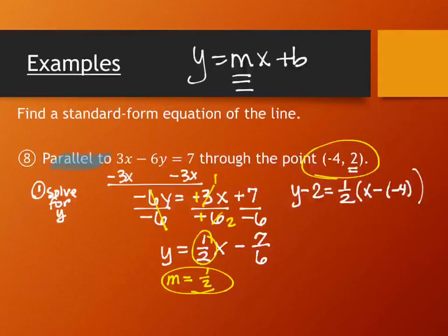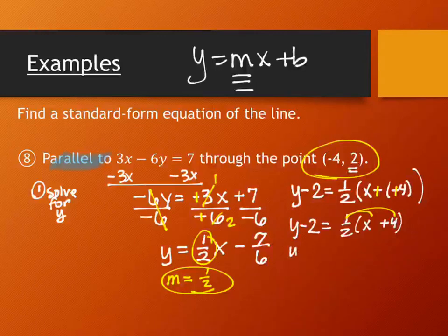Again, most of the time your MyMathLab and so forth is going to want this in y equals form, so we're just going to make that our standard operating procedure that we keep solving until we get y equals. Minus a negative is plus. So now I have y minus 2 equals 1/2 times x plus 4. What would I do next? Distribute the 1/2 through.